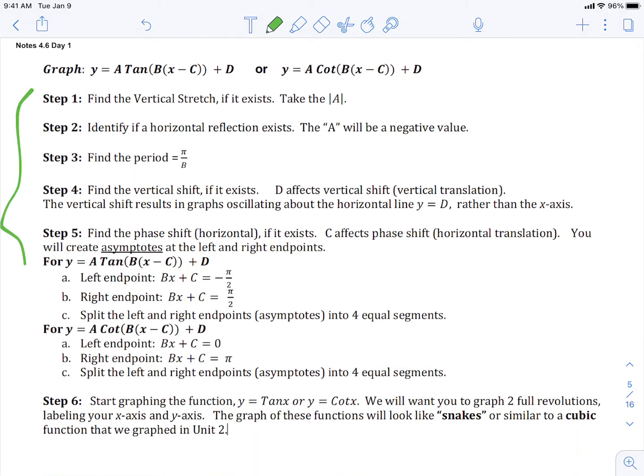We will follow these steps to graph if we have a vertical stretch or a horizontal reflection. Notice here, the period is going to be pi over b, not 2 pi over b like we have for our sine and cosine functions. Then we have a vertical shift that could happen, and our phase shift is going to be where we move those asymptotes.